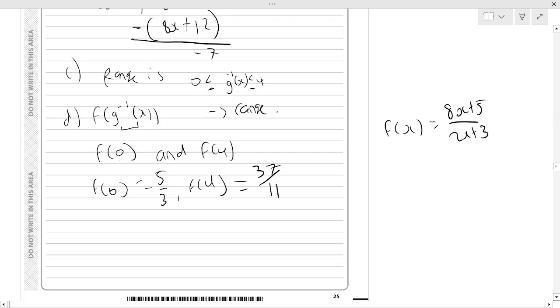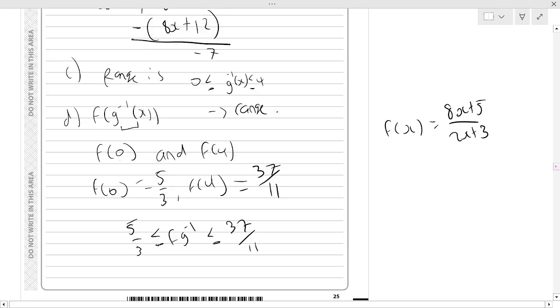Okay, so we've got our endpoints. Then 37 over 11 is greater than 5 over 3. So you might be tempted to say directly that it is between 5 over 3 and 37 over 11.